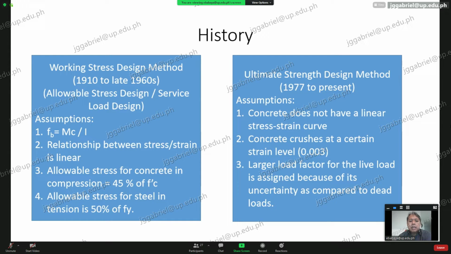The assumptions here: the bending stress is equal to MC over I. M is the moment, C is the distance from the neutral axis to the outer surface of your beam, and I is the moment of inertia. Okay, so we have these assumptions. The relationship between stress and strain is linear.